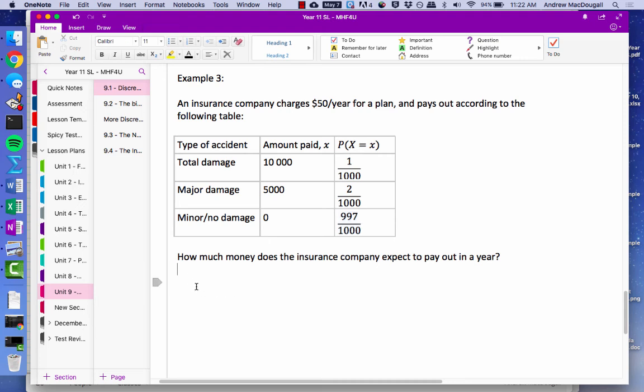So expected, that should be a clue word. We're going to use our expected value. So expected value of this probability distribution, which you could also write as mu. You don't have to write both, but you do have to write one. You multiply the x values times their probabilities and add them up.